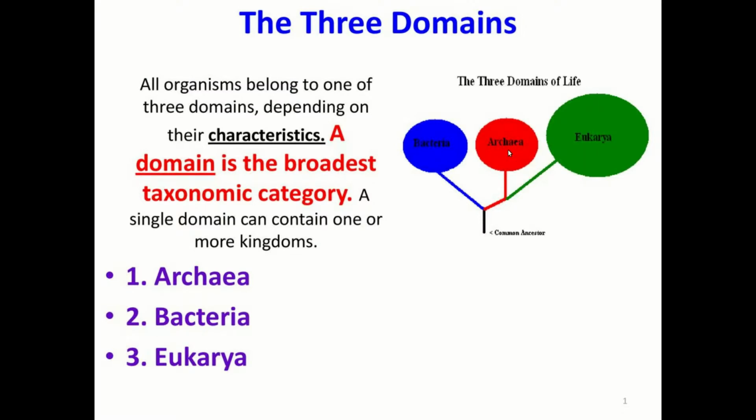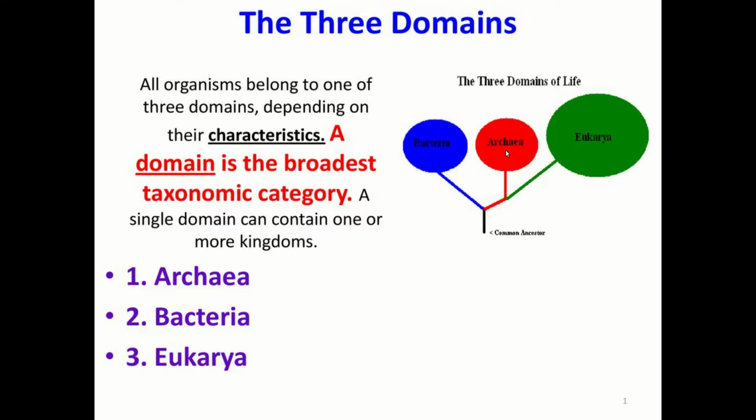Well, the thing is, the archaea are much more closely related to eukaryotes genetically than they are to bacteria. Archaea may have been the first organisms. Now, they look like bacteria, but when you look at certain pieces of their DNA, the oldest pieces, they're like the eukaryotes. It's very interesting.